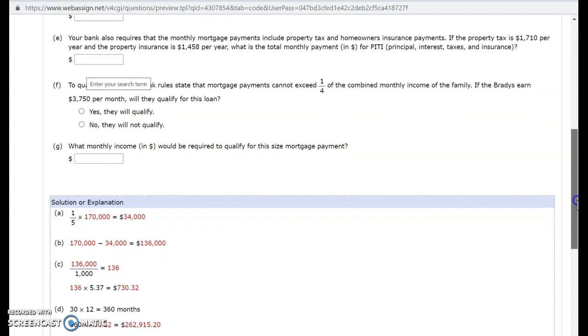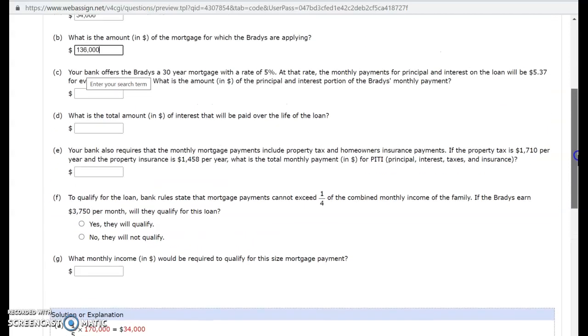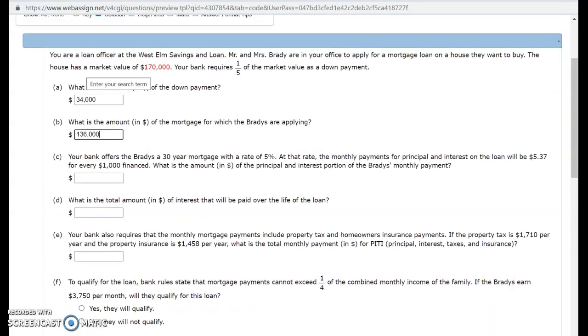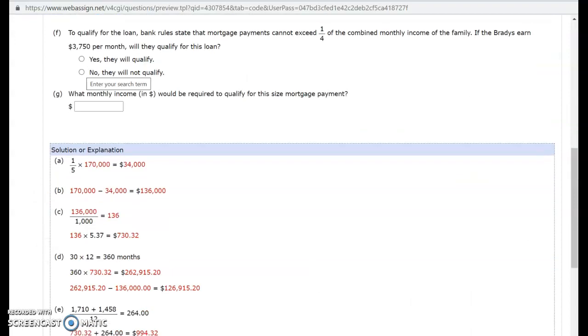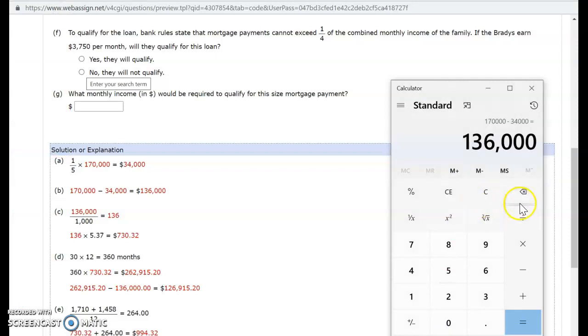Okay, so for this one, you're going to take your mortgage amount, which is the $136,000 we just calculated, and see how many $1,000s that is.